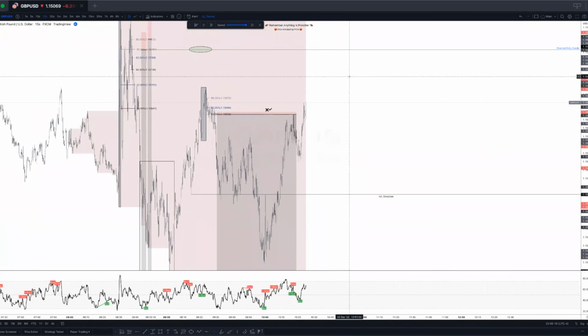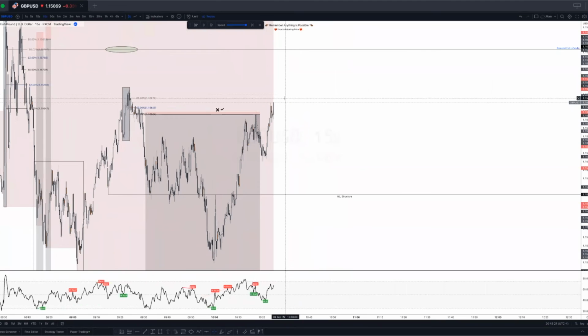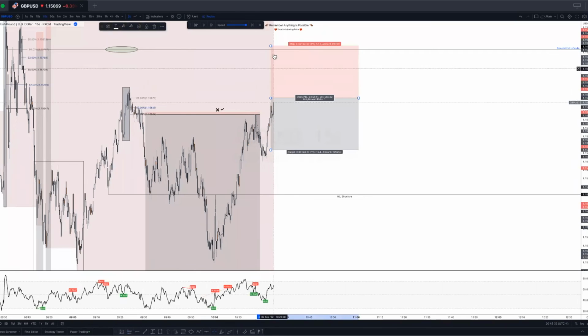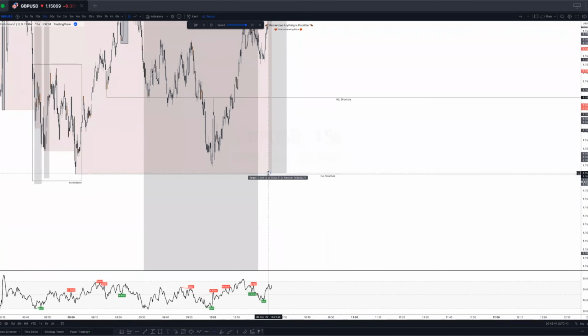We are still waiting on this to happen. Actually, this trade here is still valid. So let's see. I mean, we're looking to take New York's low.